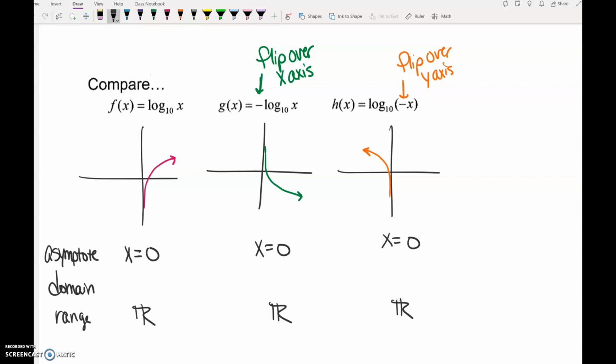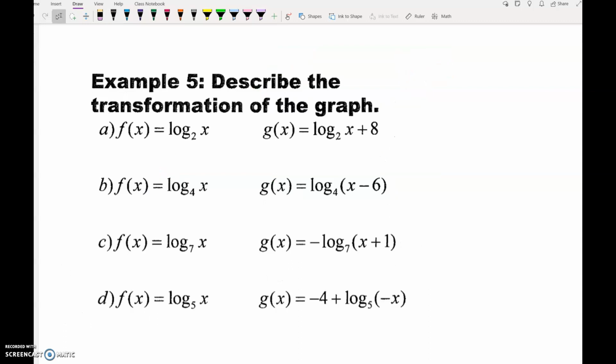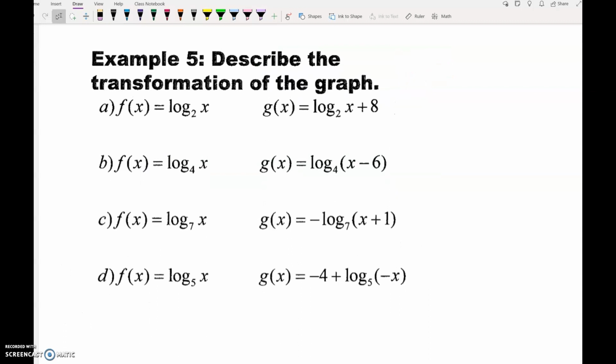The domain, however, x is greater than 0. We know that one. This one is also x is greater than 0. But when we flip this over the y-axis, we have x is less than 0.